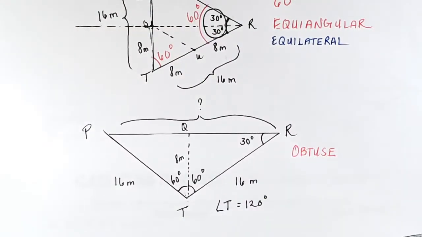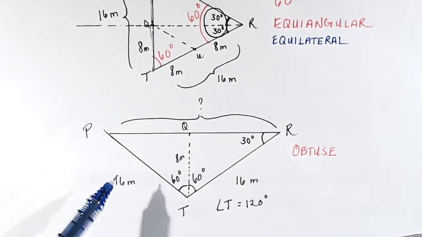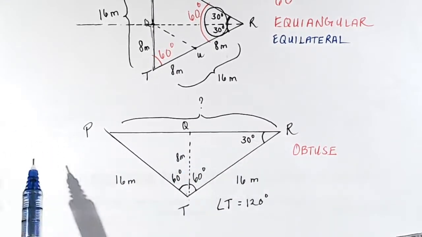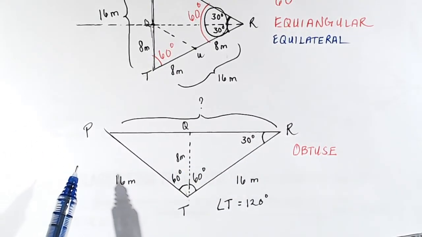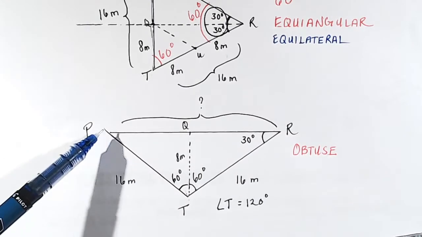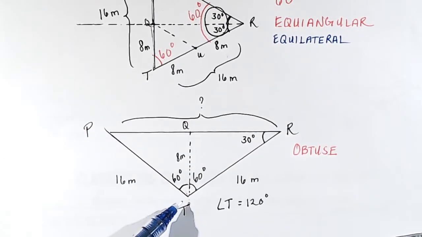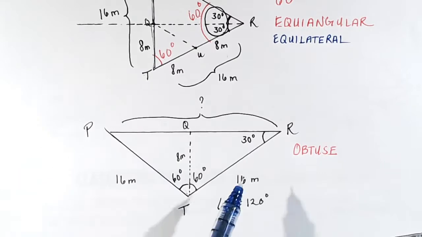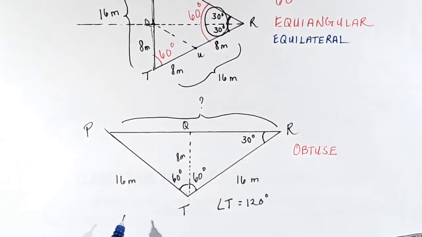Okay. Now, that's from an angular perspective. How about from a lateral perspective or from a length perspective of the sides? Well, we have no idea what segment PR is in terms of length. But we know that segment PT is 16 meters, and we know that segment RT is 16 meters.